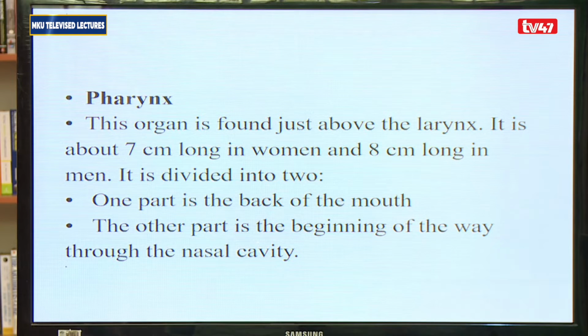It's only God who knows why this speech organ is of different length between male and female. And it is divided into 2 parts. One part is found at the back of the mouth, and the other part is found at the beginning of the way through the nasal cavity.